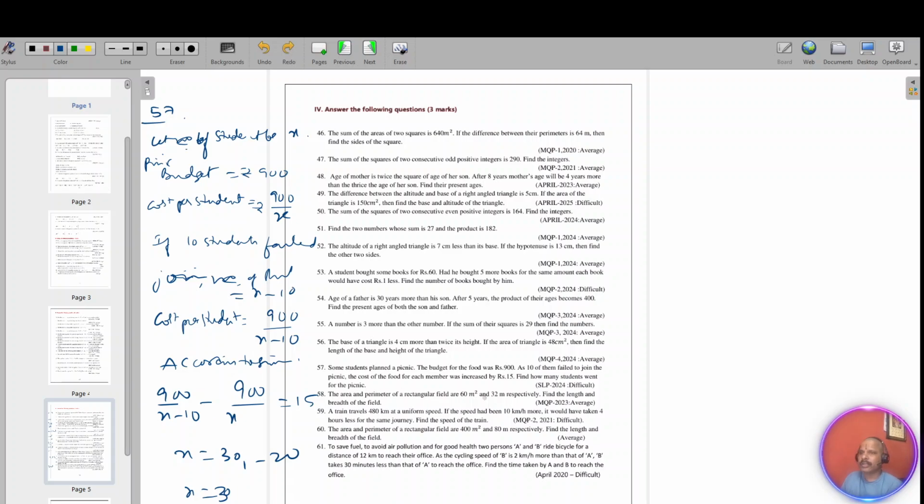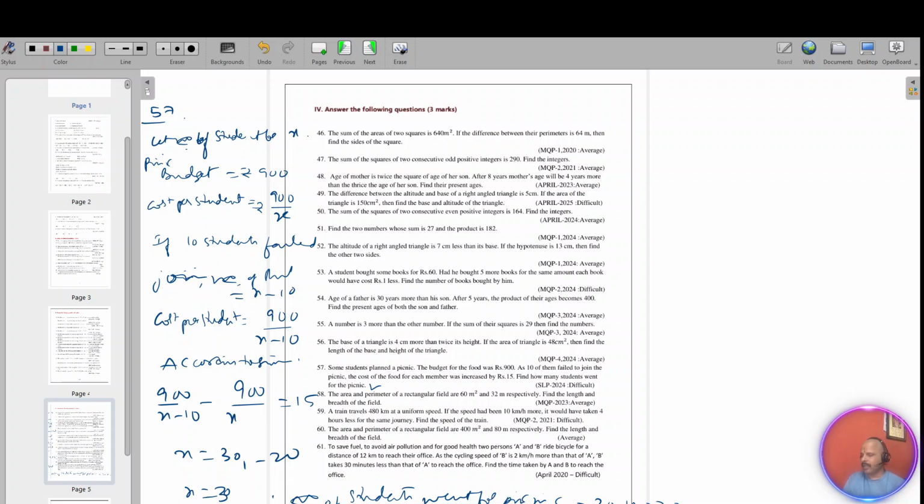What they asked is just check out how many students went for picnic, means this x is number of students. Therefore, number of students who went for picnic is 30 minus 10, right? 10 failed to join. So 20 students.